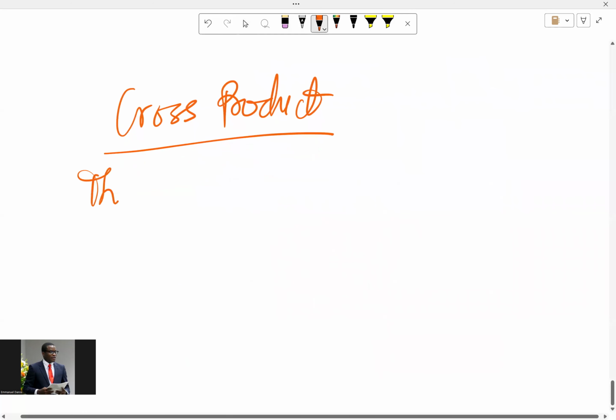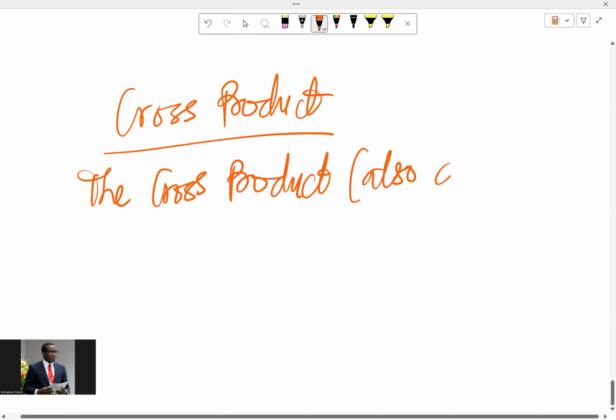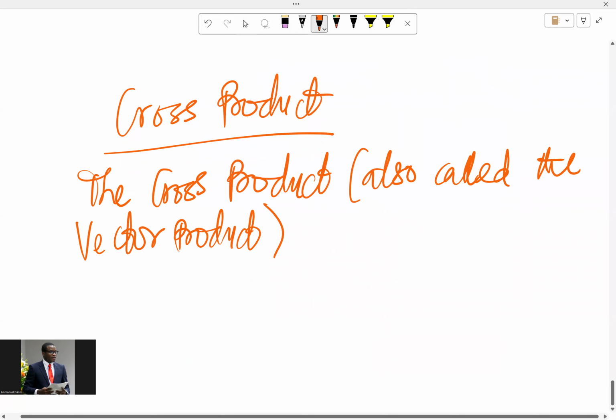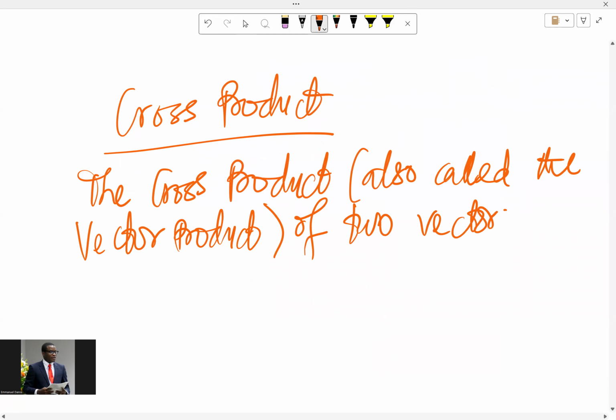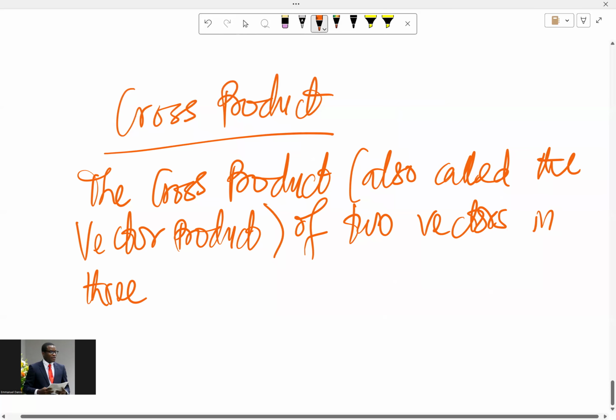So we need to understand that the cross product, which is also called the vector product of two vectors in three-dimensional space. It can be in two-dimensional space too, I think.